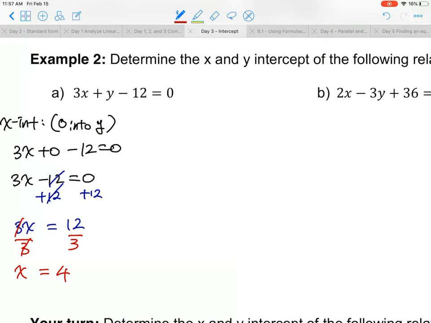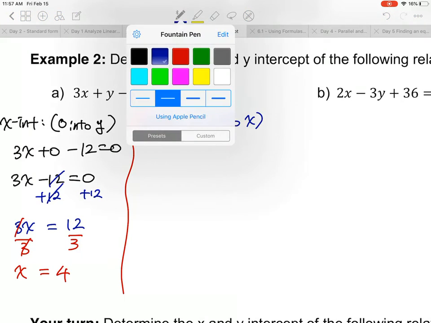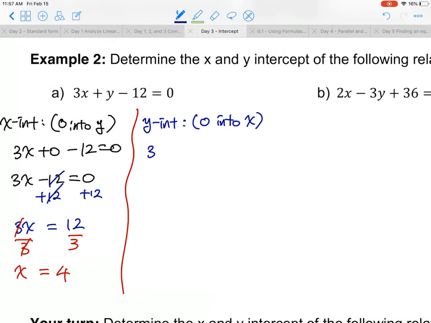Now for the y-intercept, basically the same thing. So for the y-intercept, you put 0 into x, right? So it's the opposite one. So what happens is 3 times 0 plus y minus 12 equals 0. So 3 times 0 is just 0, right?